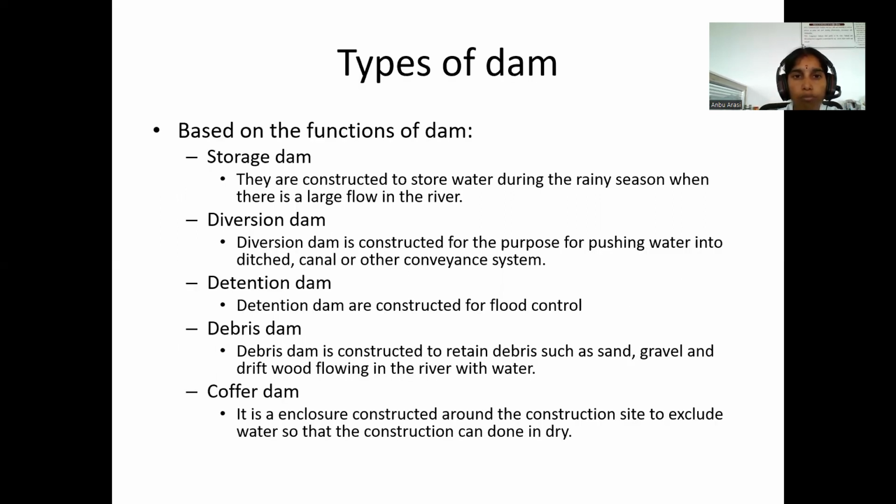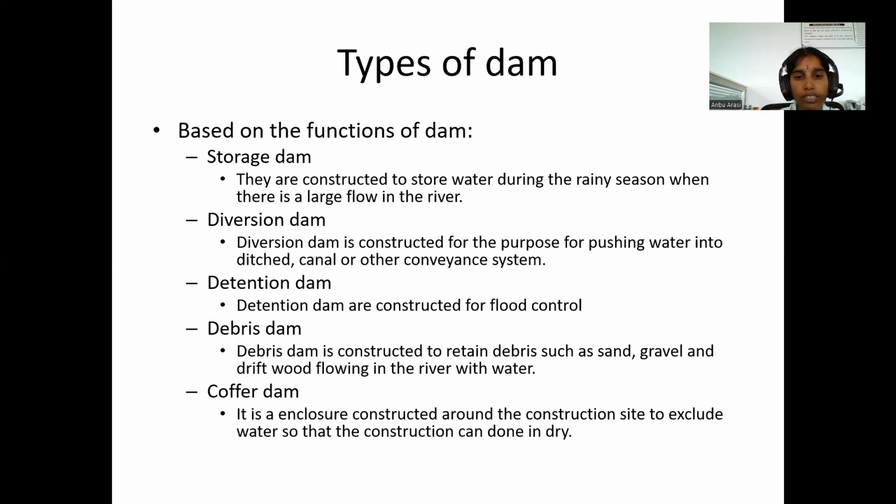Types of dam. Based on the functions, dams are classified into storage dam, diversion dam, detention dam, debris dam, and coffer dam. Storage dam is constructed during the rainy season when there is a large flow in the river. Diversion dam is constructed for the purpose of pushing water into a ditch, canal or other conveyance system.